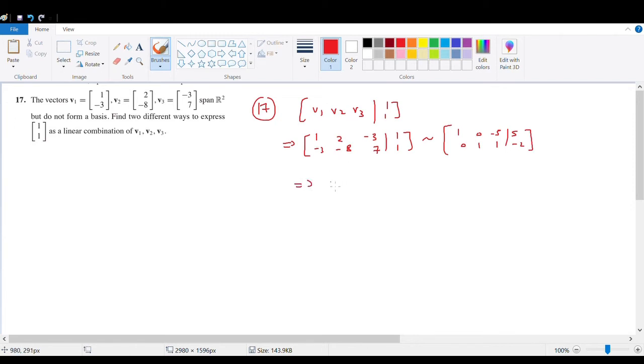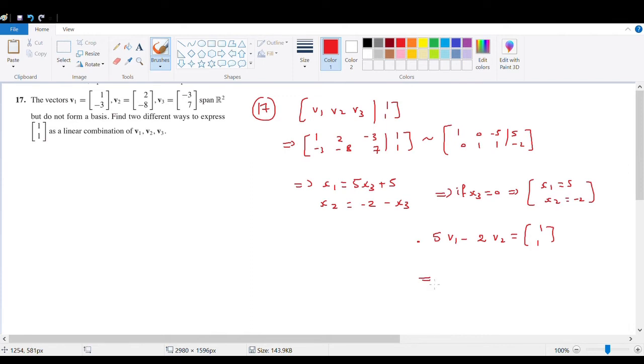So from here it is clear x1 is equal 5 x3 plus 5, and x2 is equal minus 2 minus x3. So now if we choose, for example, x3 is equal to 0, then we have x1 is equal 5, x2 is equal minus 2. So from here that's mean 5 v1 minus 2 v2 is equal 1, 1.